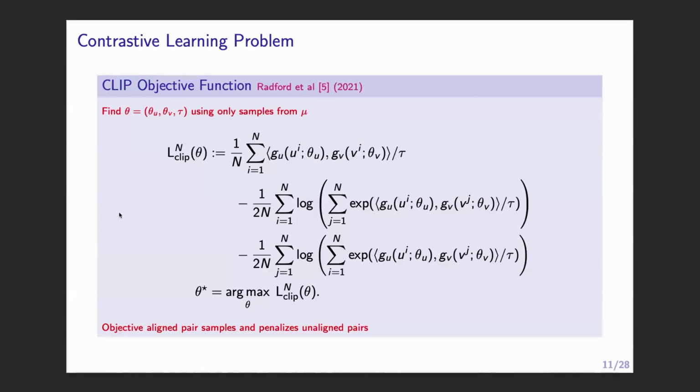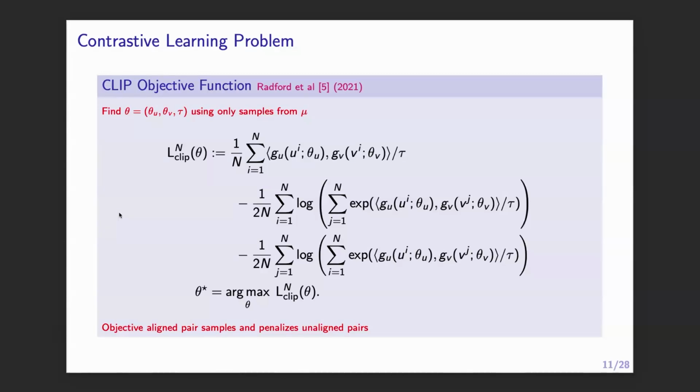Theta represents the parameters in both the encoders for text and for image, g_U and g_V. And this objective has three parts. The first part computes the similarity, the inner product between the encoding of text and image that are paired to each other. So think of that picture of the plane and the text prompt associated with the plane. We're going to encode both of those types of data, measure their similarity, and maximize the inner product, the similarity between paired text and images.